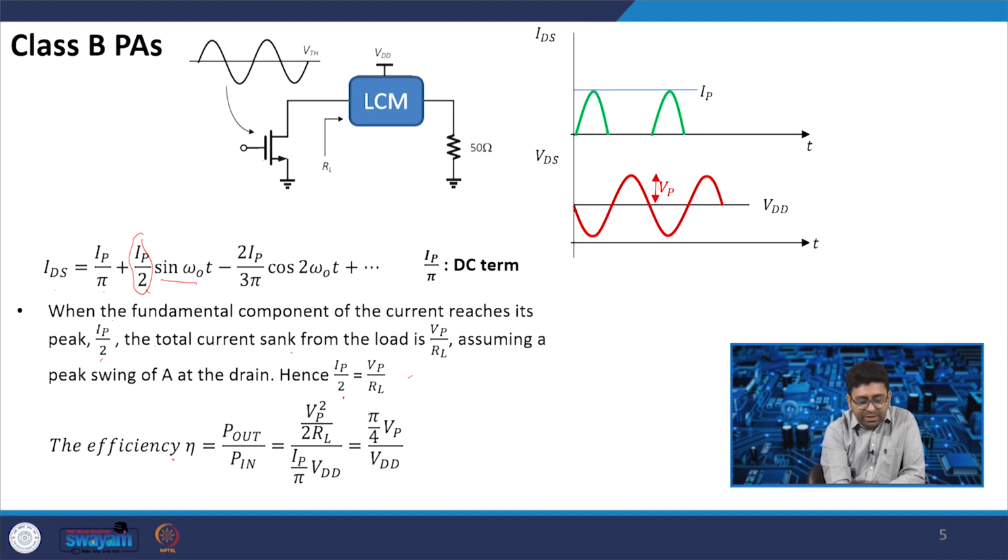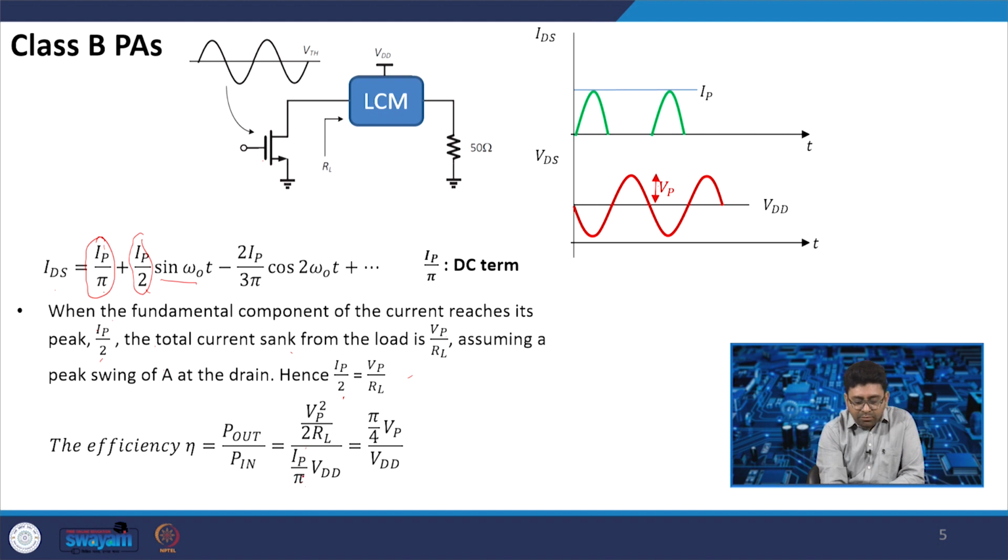So, efficiency is equal to P out by P in. Output power is given by Vp square by 2 RL, as we have discussed in the class A amplifier, and the input power is given by Ip by pi. So, this is a DC term, DC current Ip by pi into VDD.